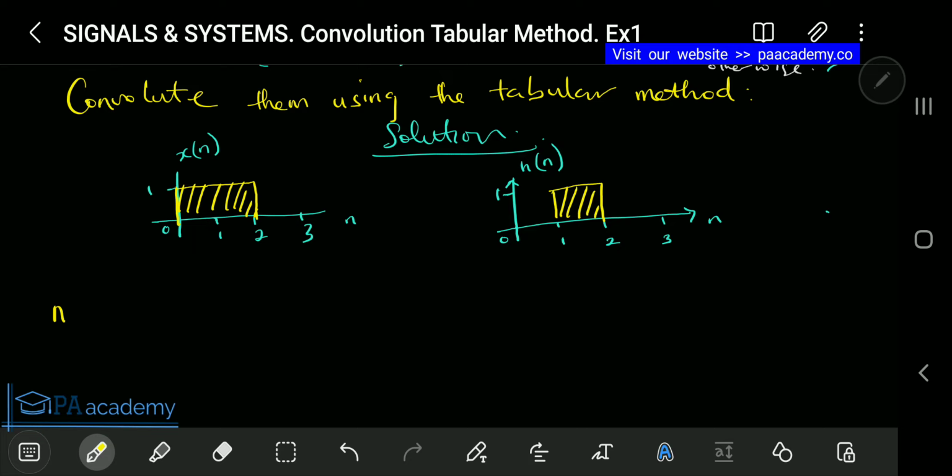Once we flip h of n, the least negative value we are going to have is minus 2. So let's pick it from minus 2, minus 1, 0, 1, 2, 3, 4, 5.